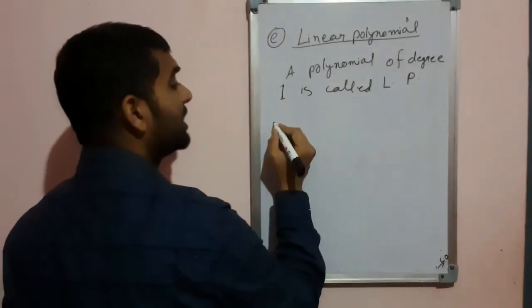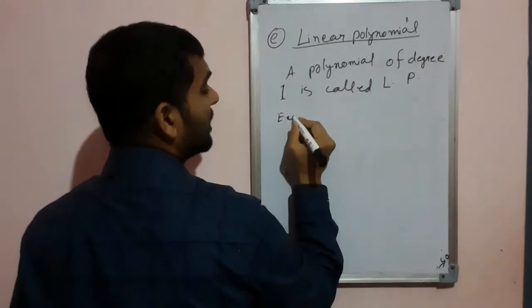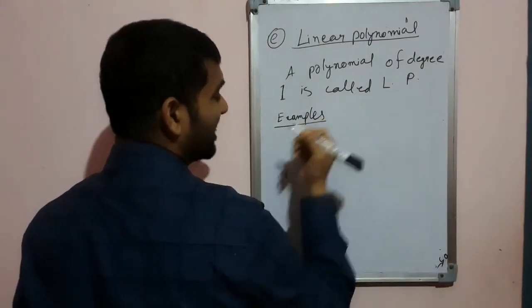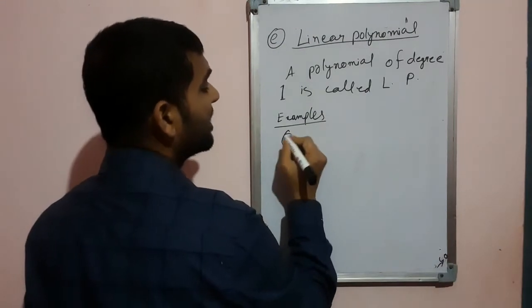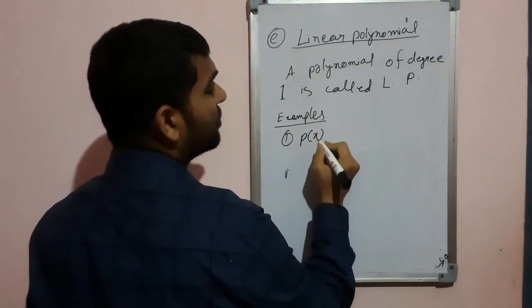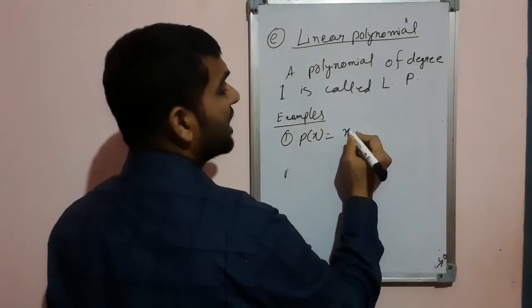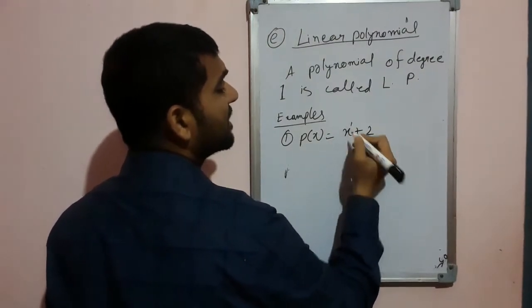Let us take some examples. Number 1 will be p(x) equal to x plus 2. What is the degree? 1.